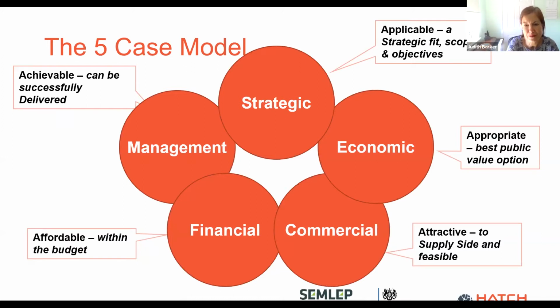So this is important. And if you look at the application forms for Levelling Up and Community Renewal Fund, although they're not set out in these headings, the forms absolutely ask the questions that are within each of these 5 cases. So the first question, is the project applicable? Does it fit with the national, the local, the regional strategic direction of travel?